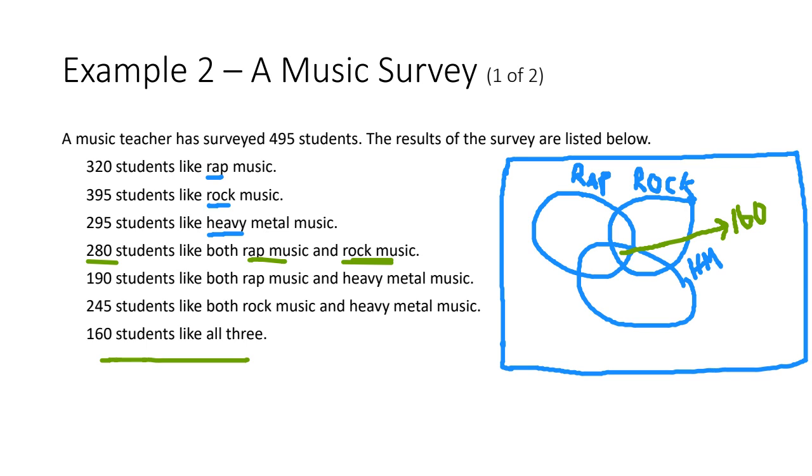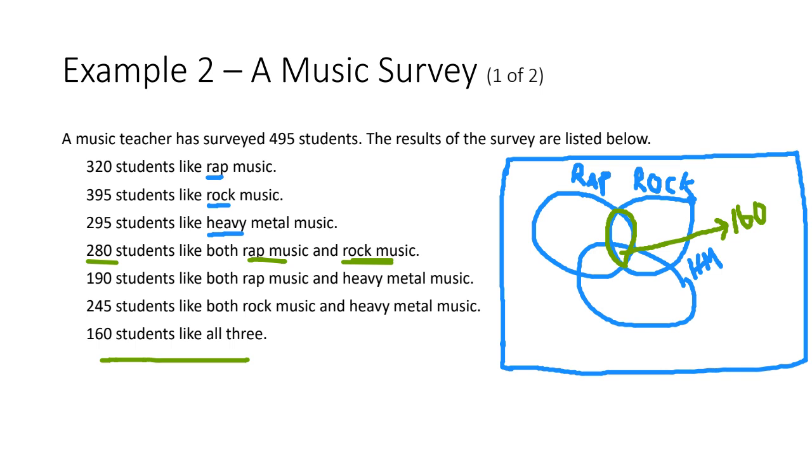So the rap and rock is represented by this whole area here. But what's already sitting in there? We already know that we have 160 students sitting in there, and those 160 students like rap and rock and heavy metal. So they do like rap and rock as well.